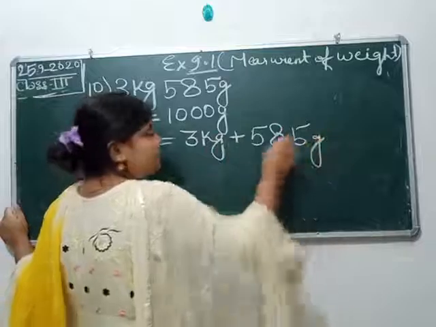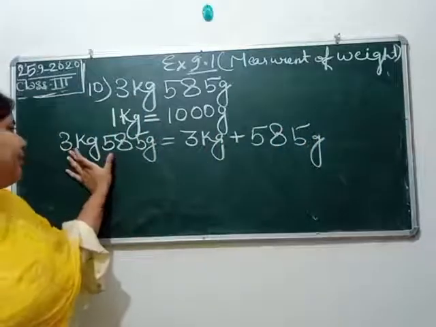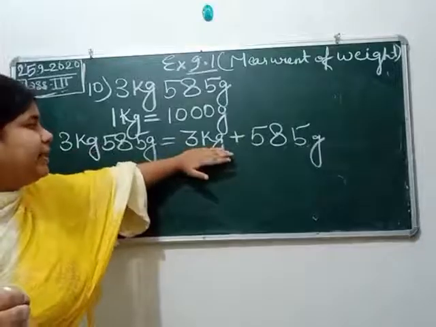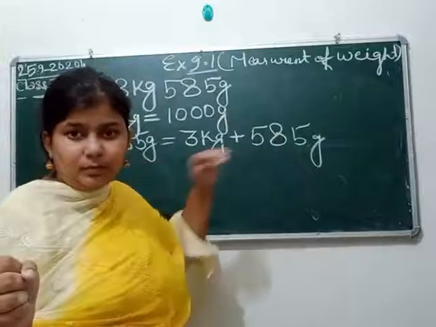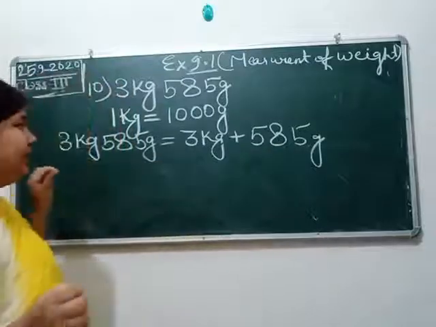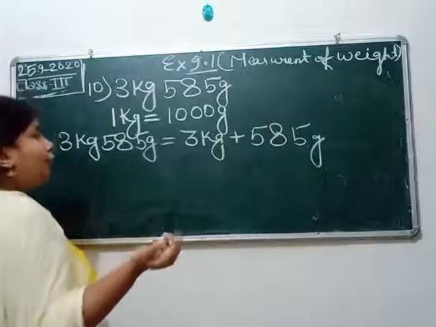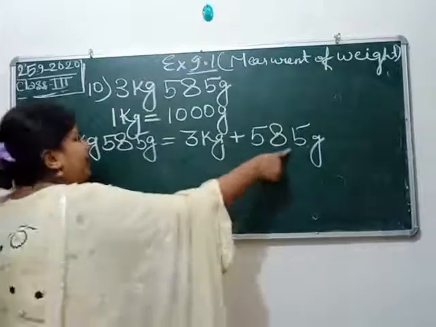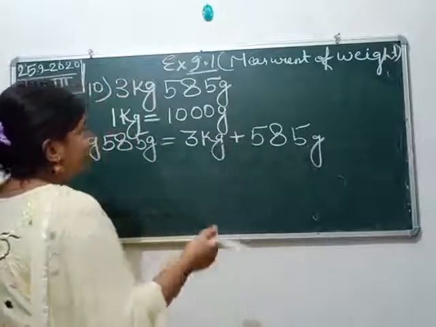What does it mean? It means that in 3 kg 585 gram, what do we have? We are having 3 kg and we are having 585 gram. Okay, two of these things are here with us. Now this 585 gram is already given in gram.